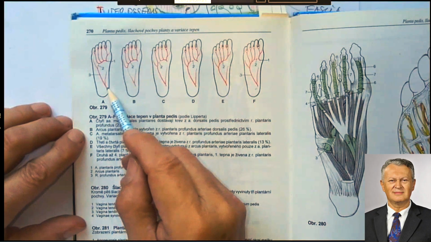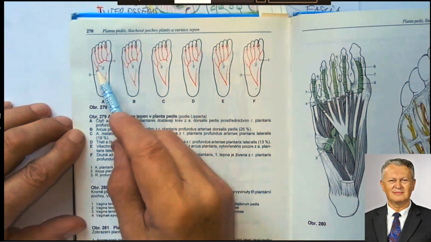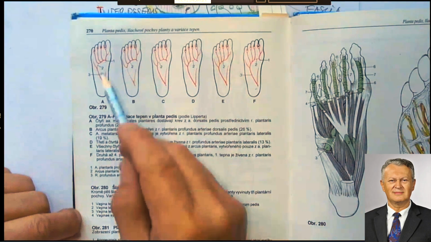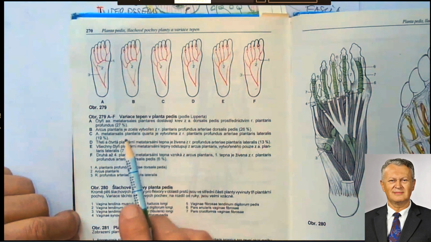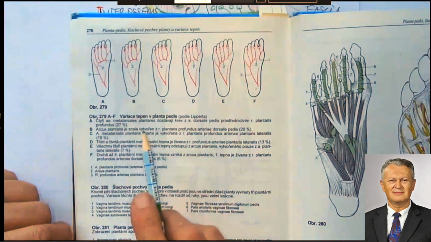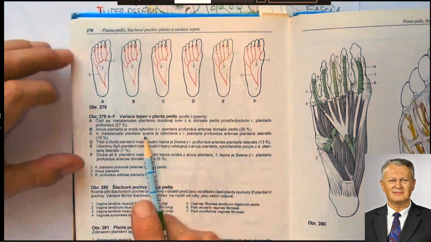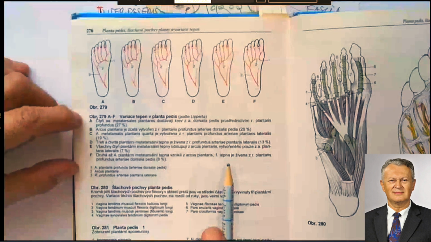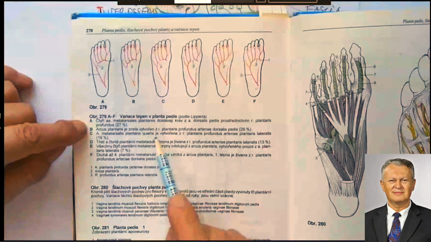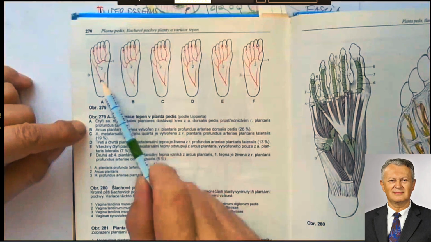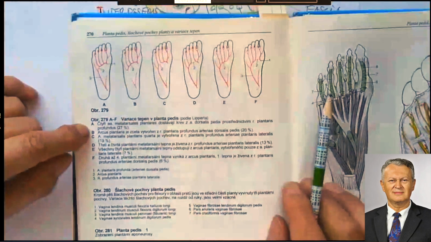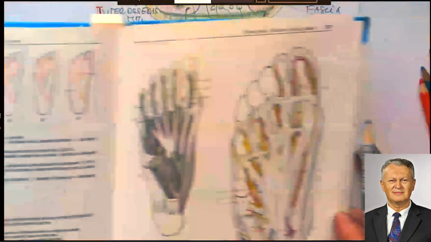This is the posterior tibial artery dividing into lateral and medial. Here you see the arcuate artery, and then they run as the plantar metatarsal arteries. Then they also supply the interosseous spaces. The fact is that the metatarsal arteries receive the blood mainly also from the perforating arteries. So I have mentioned also perforating arteries.